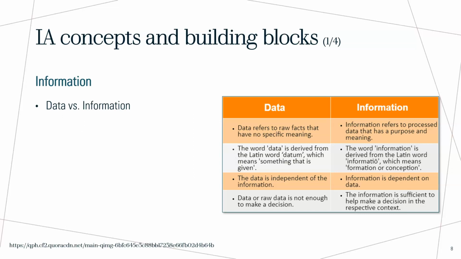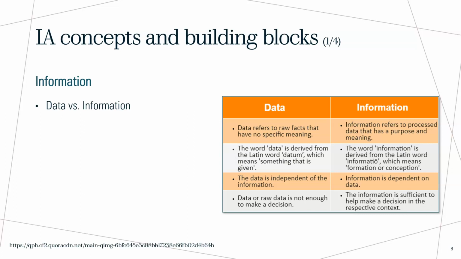And then we look at information. Informatio, formation or conception. So if you look at just the etymologies of the word, datum, data, that is something that is just here, this is. Information, something that is put together from things that just exist. Data is independent of information, it's out there. However, information you can't have without data.